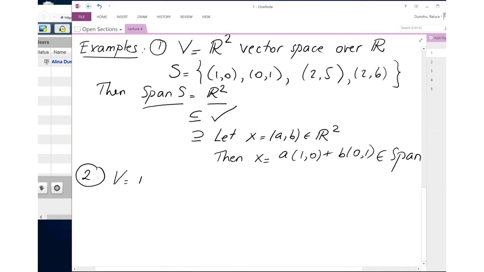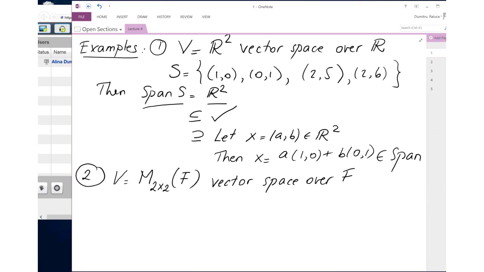V equals matrices 2 by 2 over a field F. This is a vector space over F. So let's see.